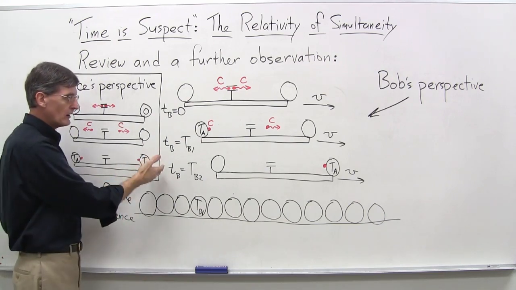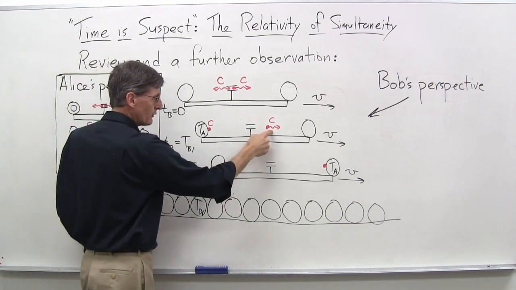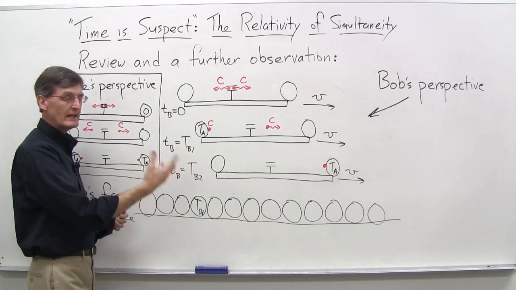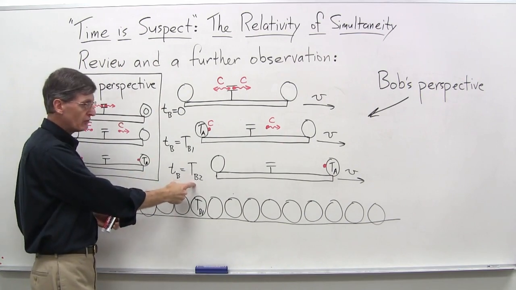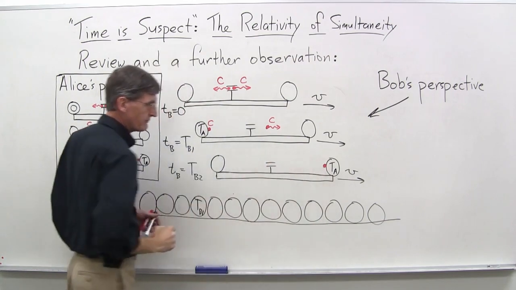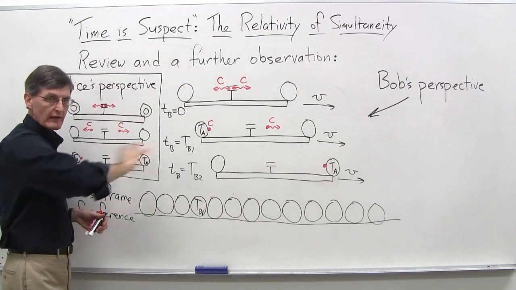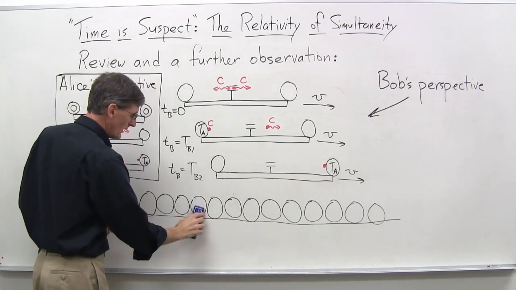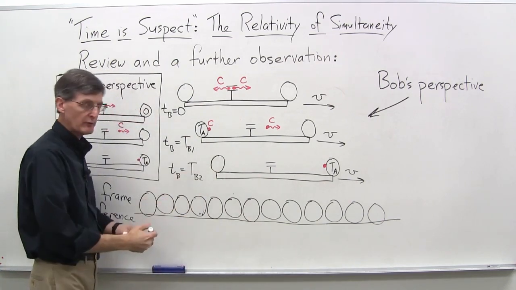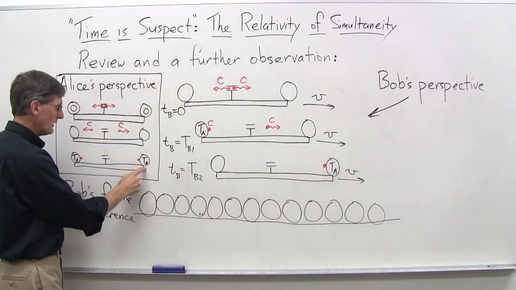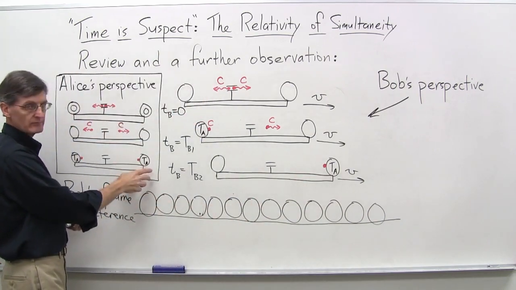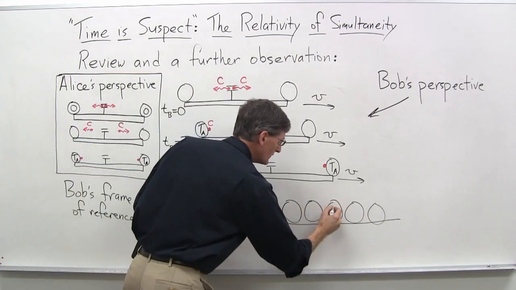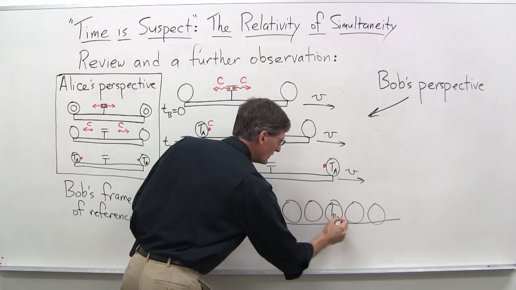And then moving on, note, of course, this light pulse is still in transit as far as Bob is concerned. And so at a later time, capital TB2, is when he sees the second light pulse, the rightward going light pulse, hit over there. And so the photograph would be taken, and it would show that Alice's clock read T sub A, just like she observed. But his clocks then would read TB2.